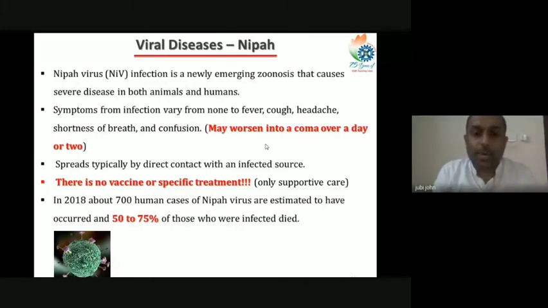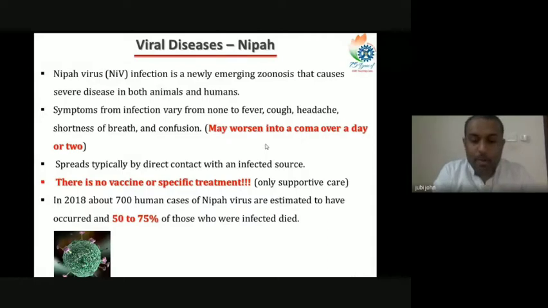As the patient was showing seizures and signs of encephalitis, the doctor thought that it might be a Nipah virus infection, and he sent the blood for testing. And his timely intervention was the only reason that we could restrict the disease transmission.